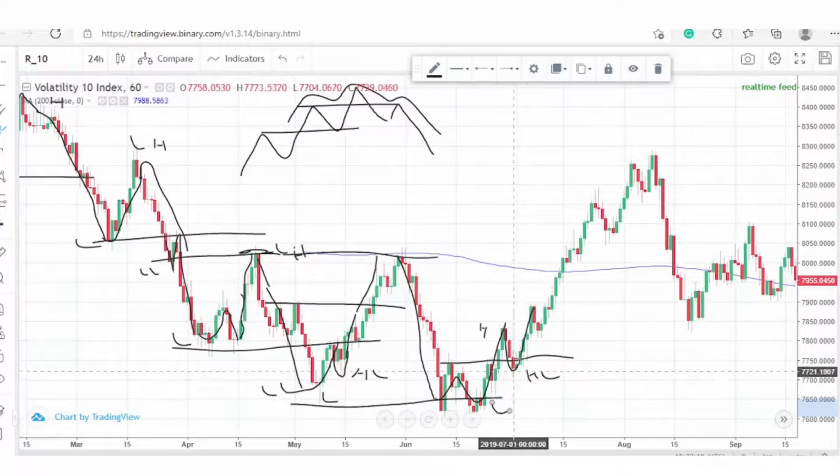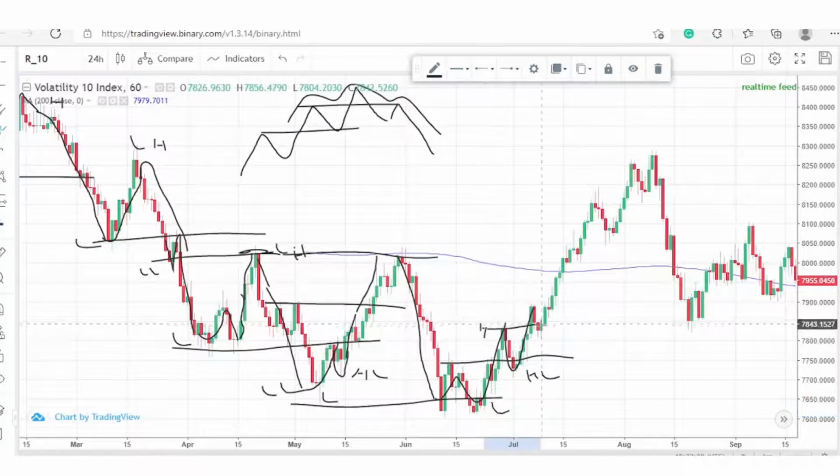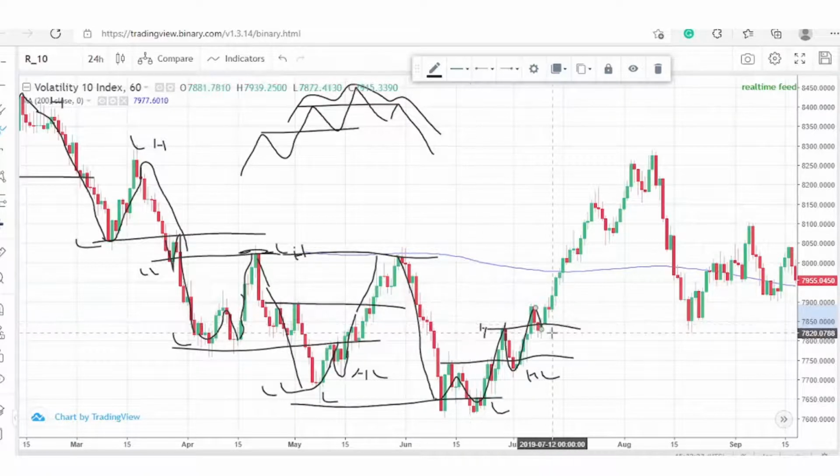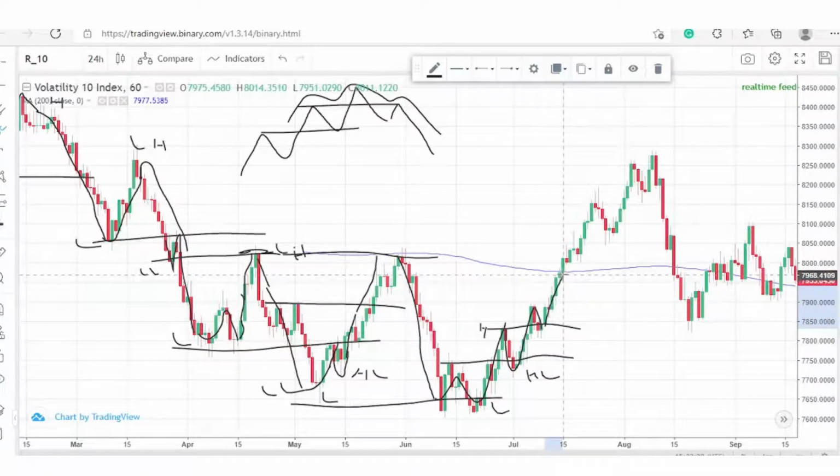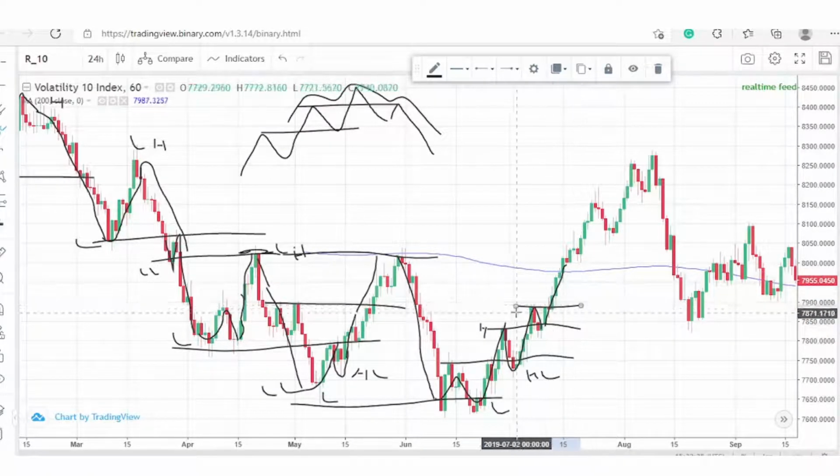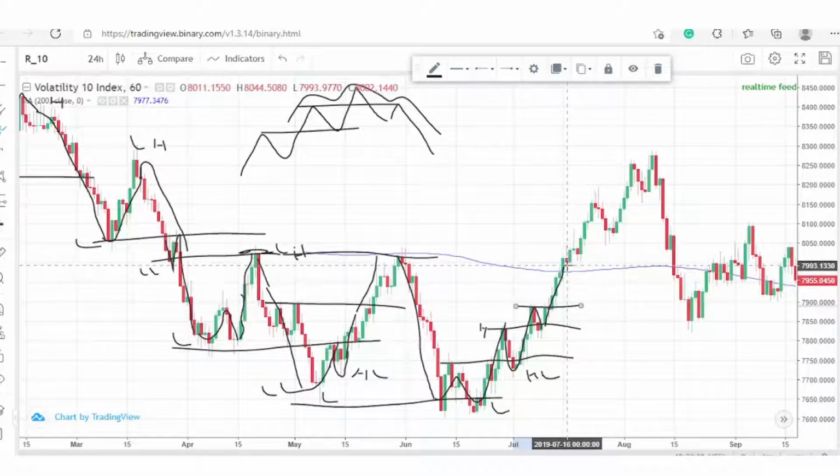Okay, so the market went up and broke this high. So expect the market to come back to retest this high and continue up. Okay, so we expect the market to come back to retest this high. So the market did not come back in this case, so we stand by.